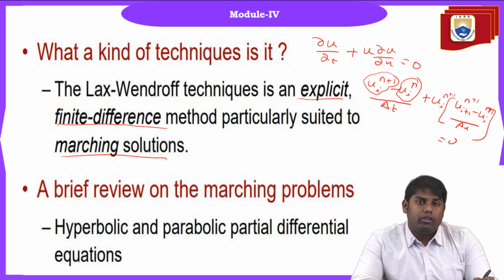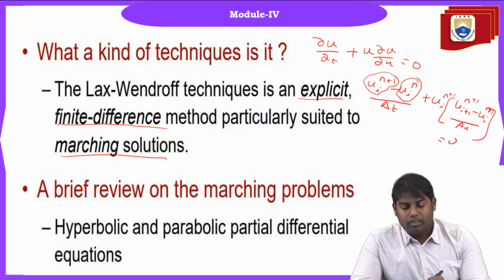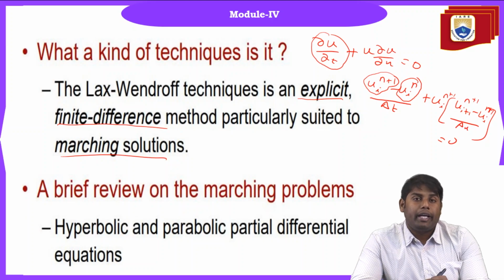When we say marching solutions, the meaning is that when you have a time derivative term, the solution will vary with respect to time. That kind of problem is called a marching solution.